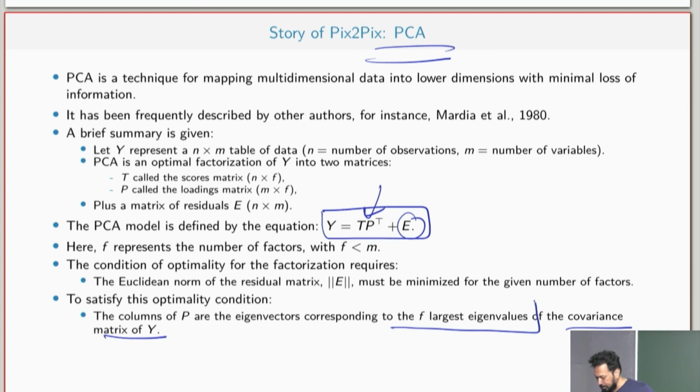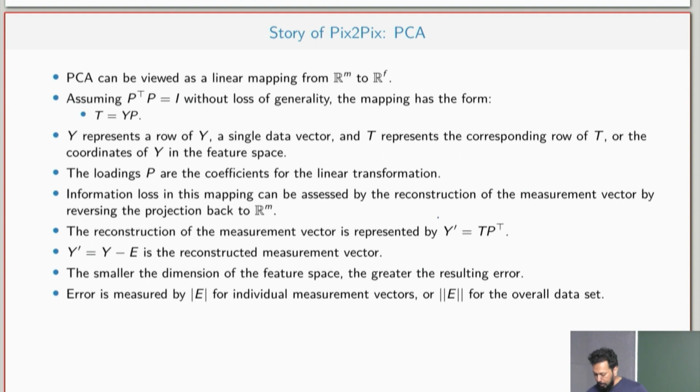It depends on how many of these eigenvectors you want to extract. Let us say I want to extract the F largest. It's a hyperparameter, so you have to decide how many eigenvectors you want to extract. And then you may reconstruct the data back by Y prime equals T P transpose.